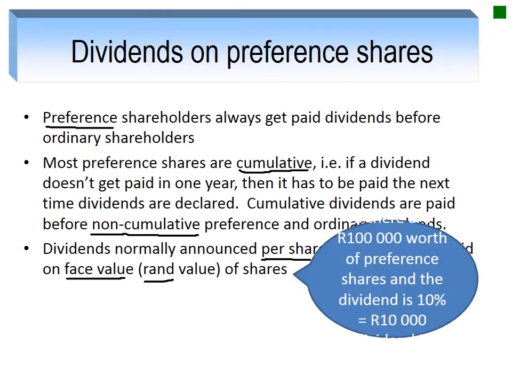So, for example, if a company has 100,000 worth of preference shares that it has issued to preference shareholders, it might say that those preference shares are going to get a cumulative dividend of 10% per year, and that 10% is based on the face value of the 100,000. That then gives us a 10,000 Rand dividend. So that's another way of working out the dividend, is by working it out as a percentage of the face value of the shares, and we only do this for preference shares.